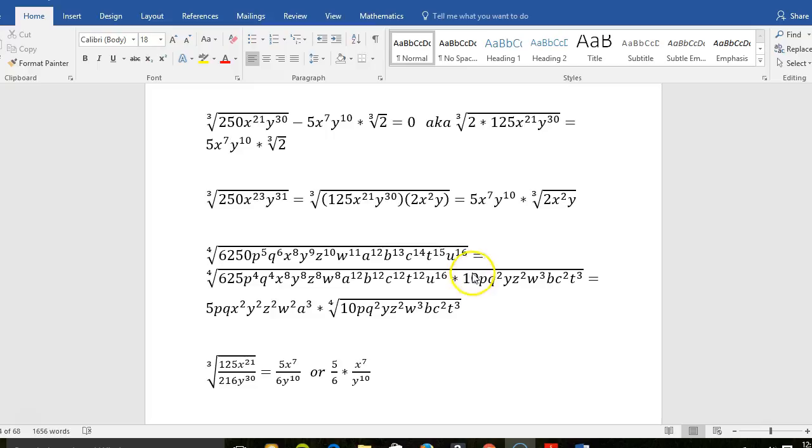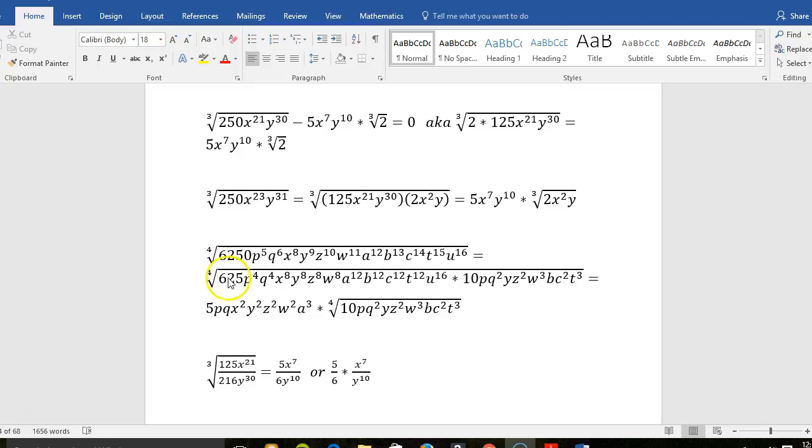I don't need to be talking about cubes, I need to be talking about fourth powers. Sorry, I've got my mind on the last video. So 10 is not a perfect fourth power, not even close. Now 625, it is a perfect fourth power. It is 5 to the fourth power. 625 is 5 times 5 times 5 times 5, or 5 to the fourth power.